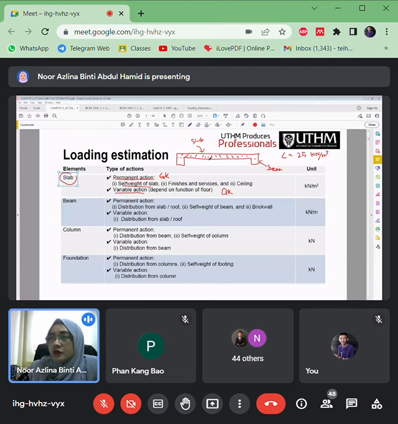So we have to consider its self weight, and then finishes and services. Remember on top of the slab there are finishes, which can be ceramic tiles, what else, it can be vinyl flooring, right? Might be just a cement render.